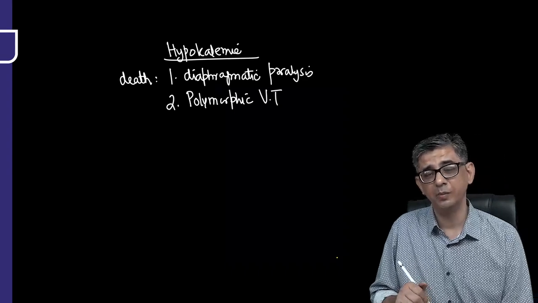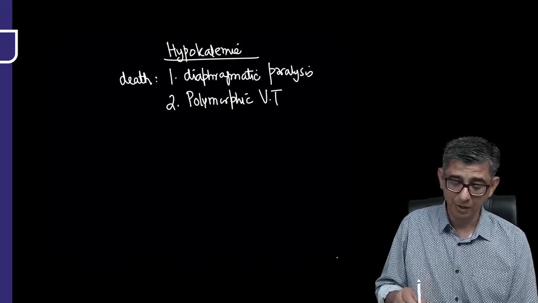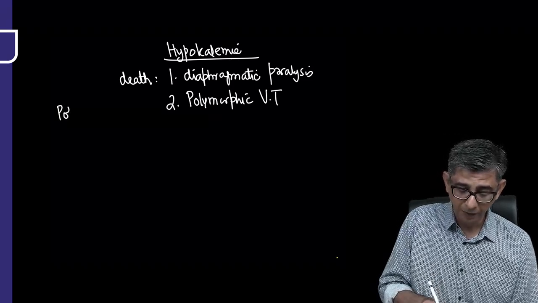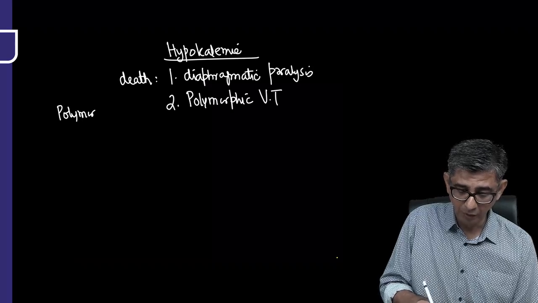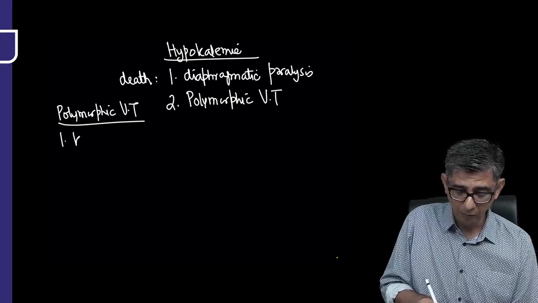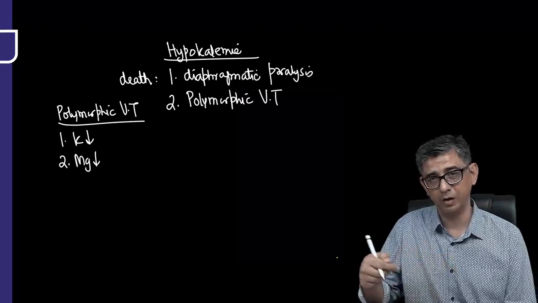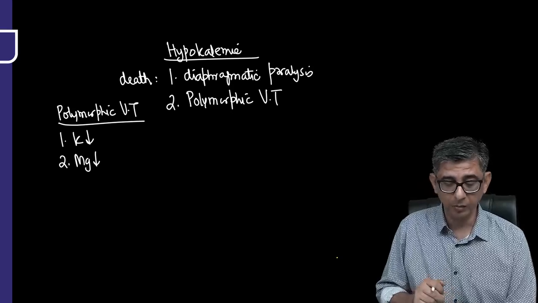Point number 2 is important because lots of times they love to ask about arrhythmias in the exam, and for polymorphic VT / torsades de pointes, I would like to mention two etiologies here separately. Both when I'll be describing hypomagnesemia before you in the later part of this video, and currently I'm talking about hypokalemia.